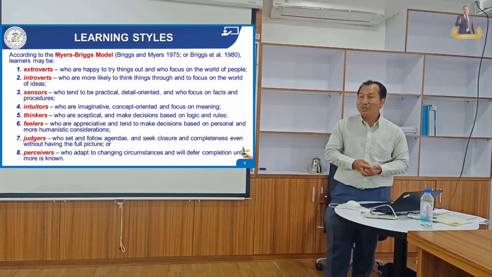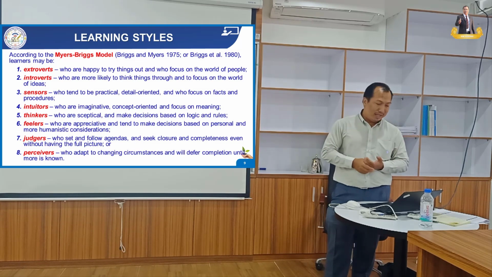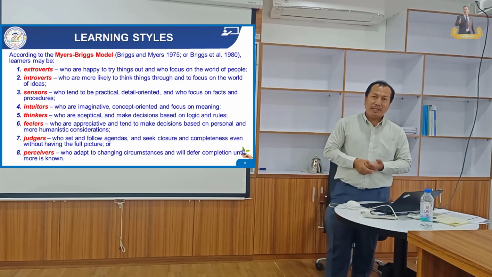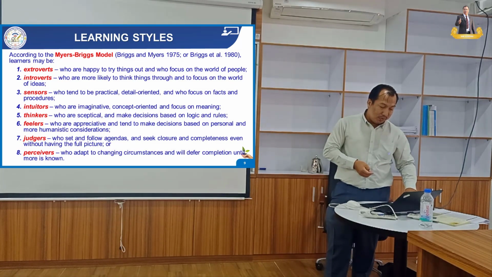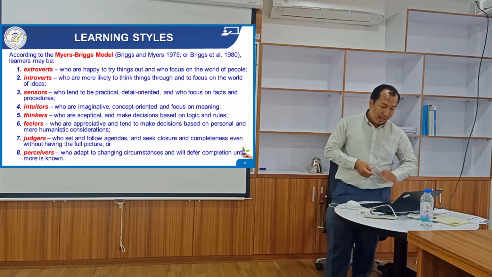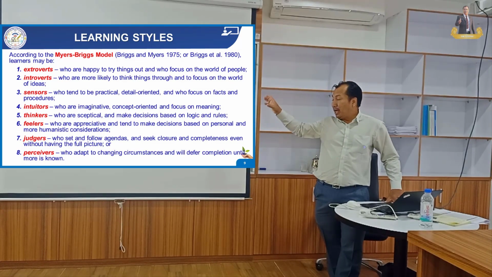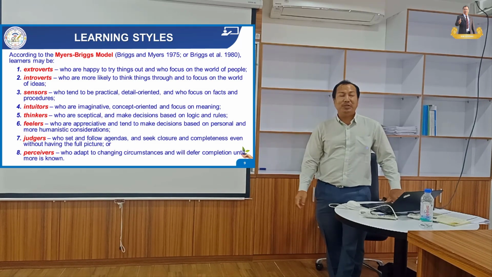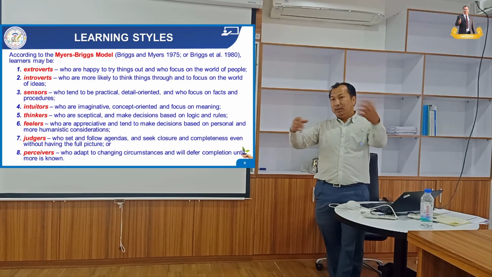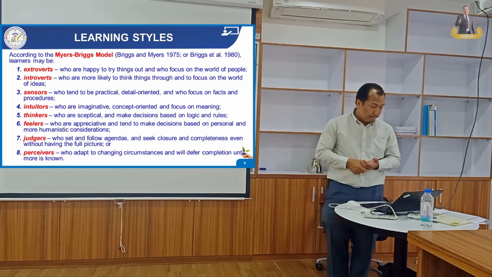I mean, they prefer to work with people. Group work and pair work is fine for them. But the introvert is a kind of learner who is likely to think things through and to focus on the world of ideas. So this kind of learner prefers to work individually rather than in group work or pair work.